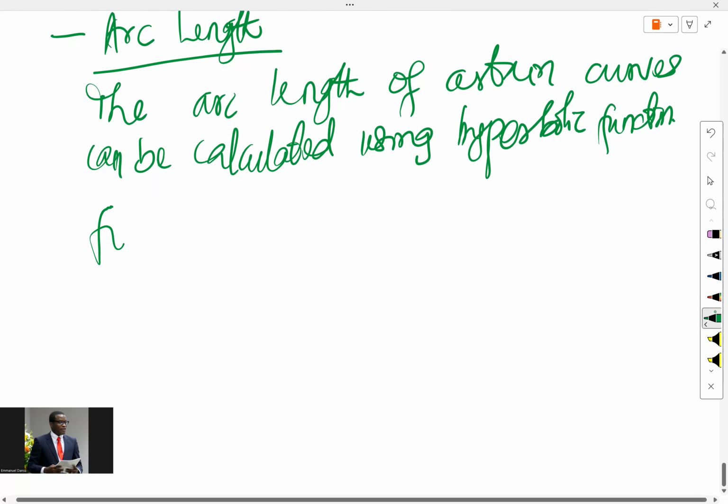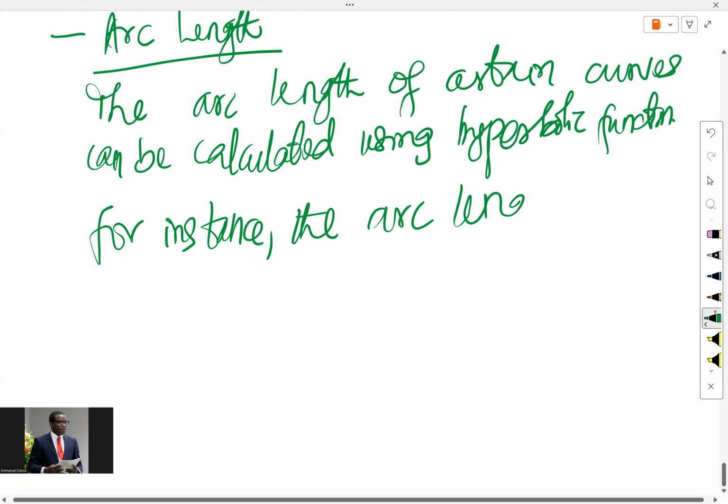For instance, the arc length of the catenary curve, that's like a cable hanging on a pole. That's what a catenary is.